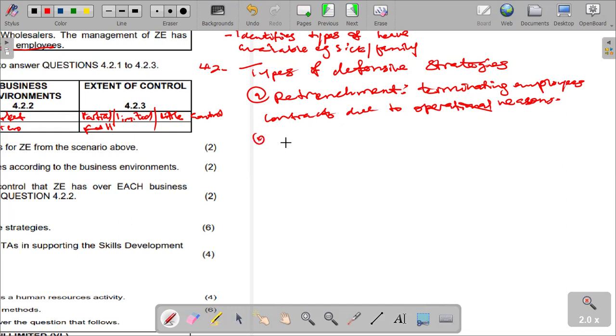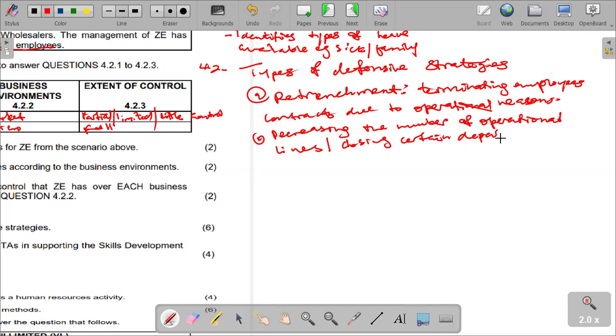We can also talk about decreasing the number of product lines, or operational lines, as in closing certain departments, such that some employees become redundant.